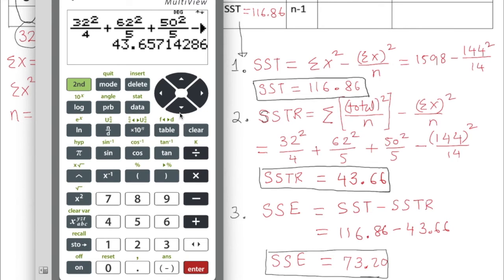Look at that, it's 43.66. Exactly matching here very nicely. Excellent. Now this one is easy to handle.